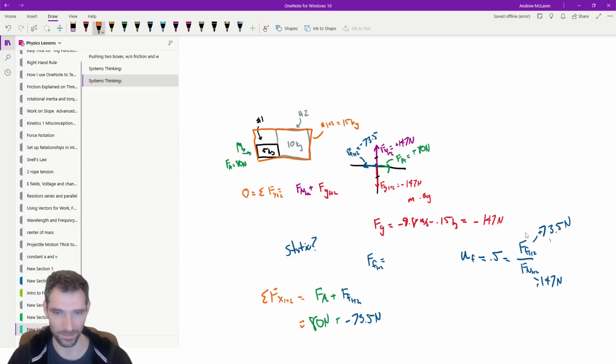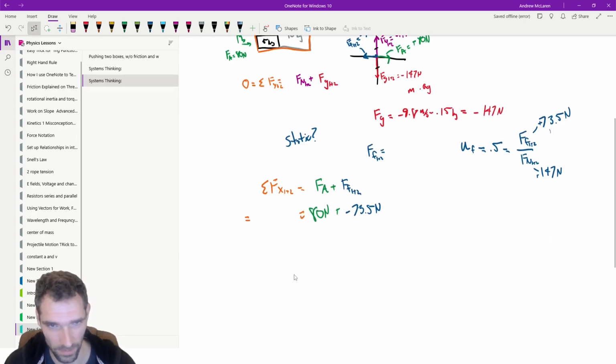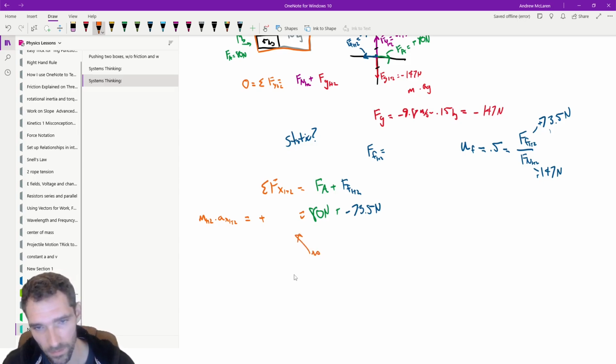then we're getting some sort of positive value here, which means that there's going to be some sort of acceleration, because the mass of these objects, 1 plus 2 times the acceleration in the x direction for objects 1 plus 2, whatever this is, it's some sort of positive number. This is not 0, which is an issue because we were saying that this thing's static.